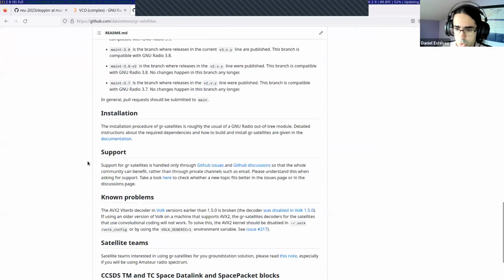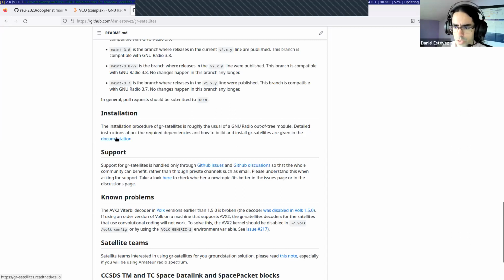This is an out-of-tree module, so it needs to be installed. If you are using Linux, you can build it from source, but if you have Windows, or even if you have Linux and used Conda to install GNU Radio, for example Radioconda, then you can also install GR satellites with Conda. That saves you a lot of trouble. I believe it's conda install gnuradio-satellites.